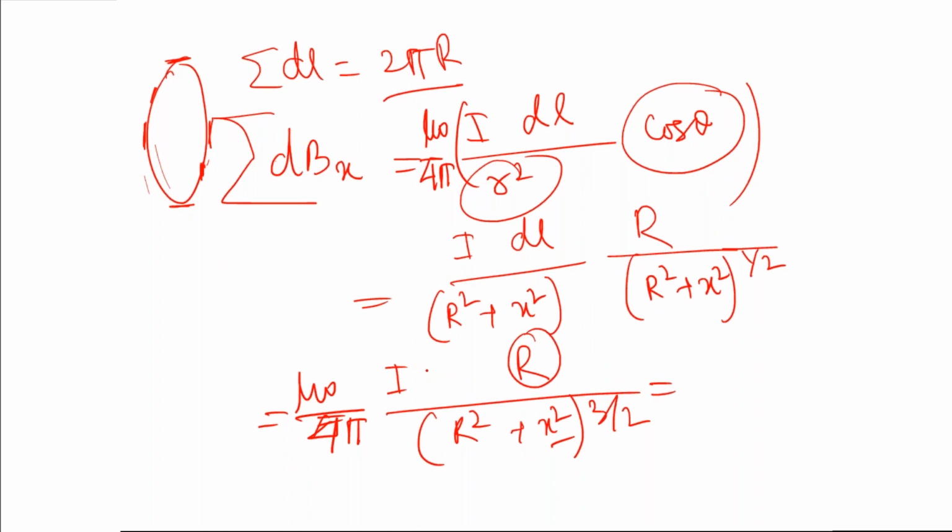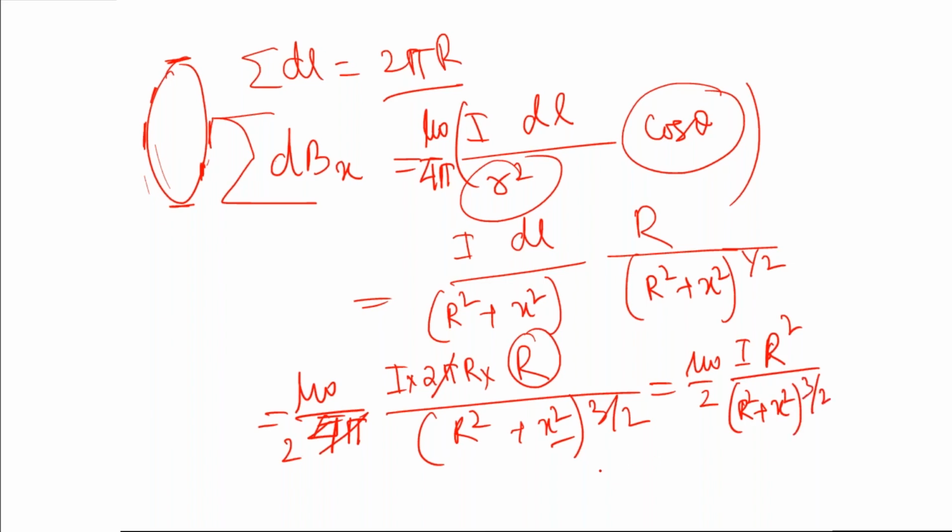This is I, and 4 pi and 2 pi, I can just strike them out. So what I get is actually mu 0 by 2 into I into R square divided by this factor, R square plus x square whole to the power 3 by 2. This is the one.